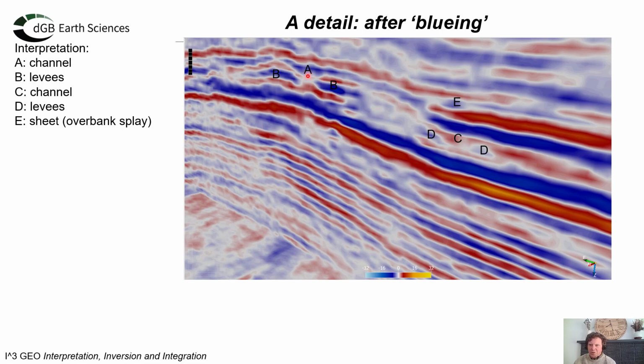Also, the precise stratigraphic relationship of event E in relationship to channel A and the neighboring strata become clear after bluing, revealing this reflection being possibly the top of a sheet or an overbank splay. These two simple steps significantly improve the data and make it more suitable to follow-up workflows such as interpretation of horizons or analysis using machine learning.